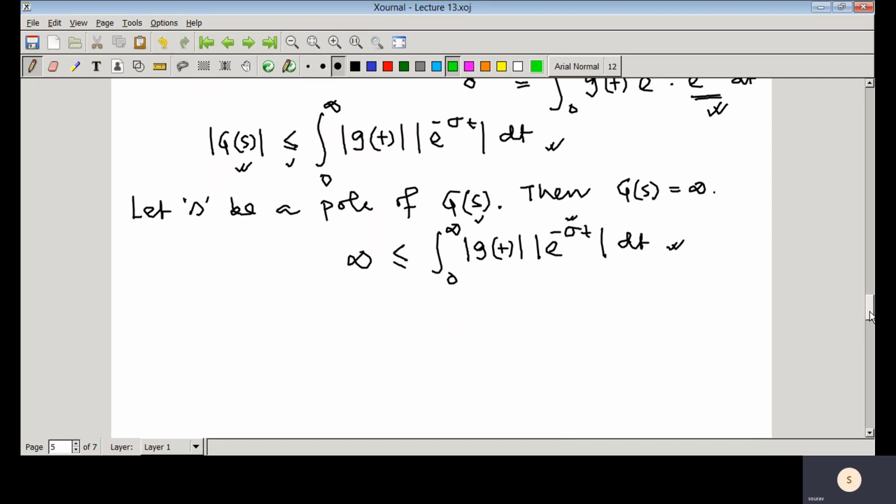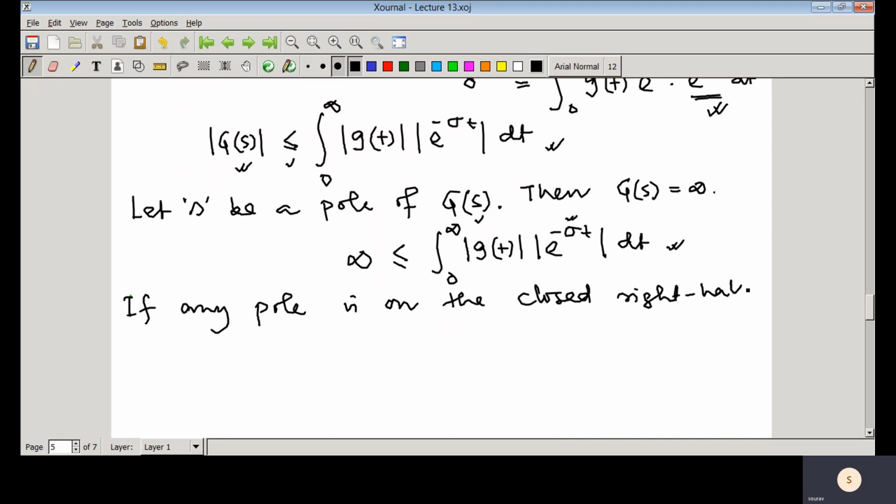So let us see what happens in this case. If any pole is on the closed right half, closed meaning, as we have pointed out, that it includes the imaginary axis, of the S plane, then if you look at that sigma, it is positive or 0.